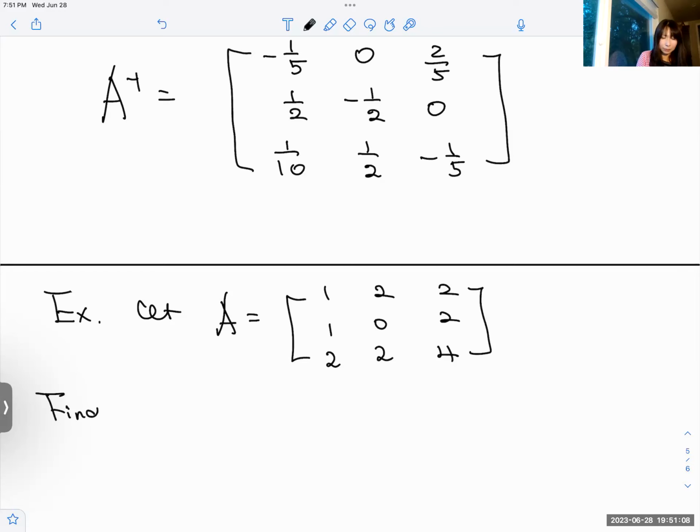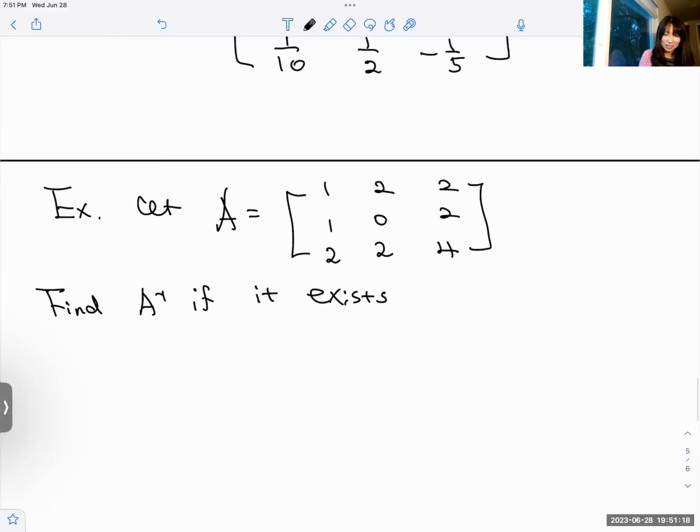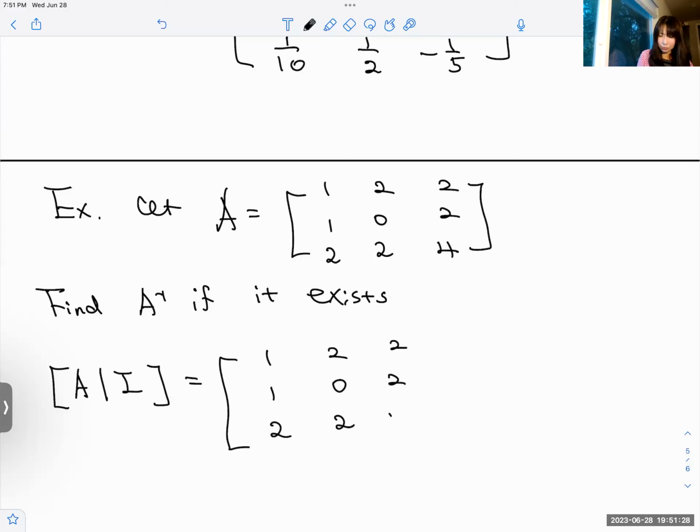Find the inverse if it exists. Okay, let me do it slowly. So let us make it this way: 112, 202, 224.